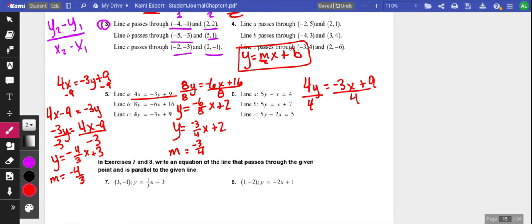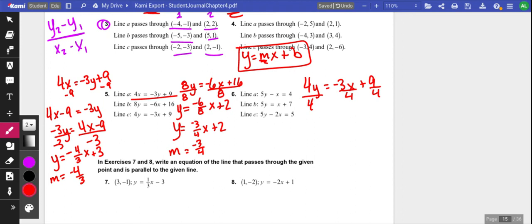If this stuff is confusing to you as I'm working it out, you could also write this where you're dividing every term by 4. It's the same thing either way. If it's easier for you to do each term rather than an entire side, you can do it that way as well.